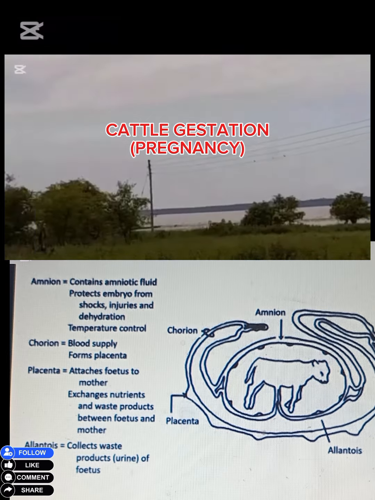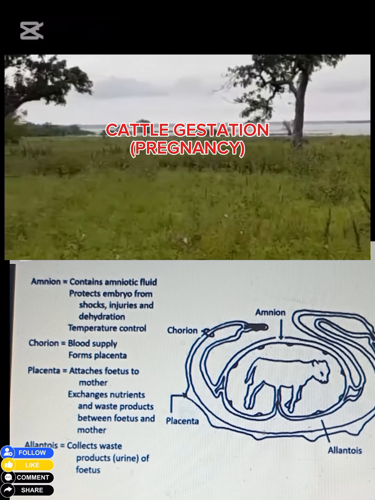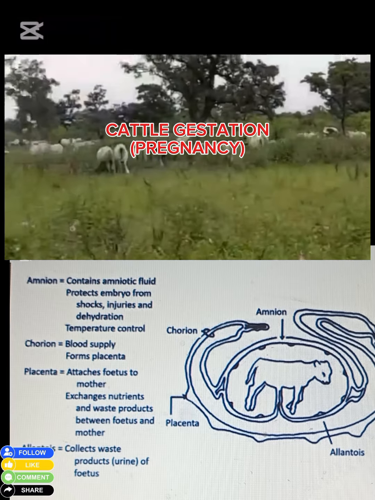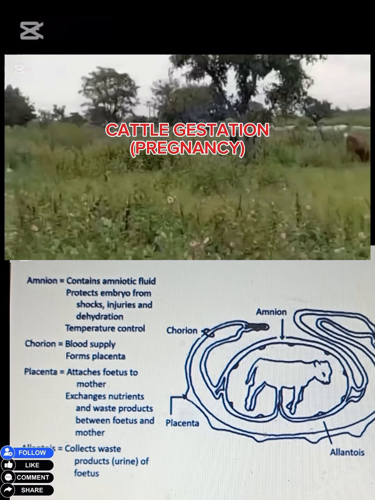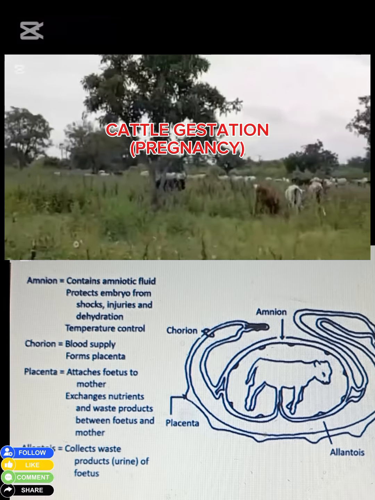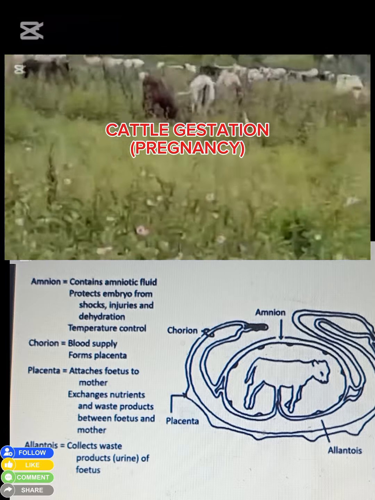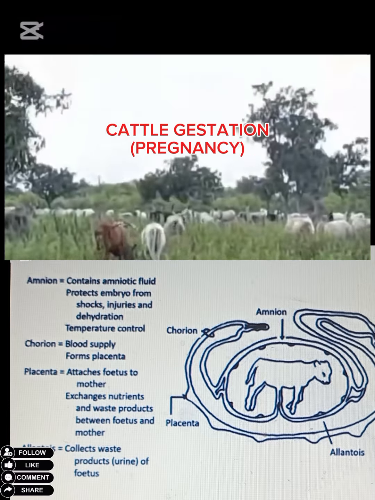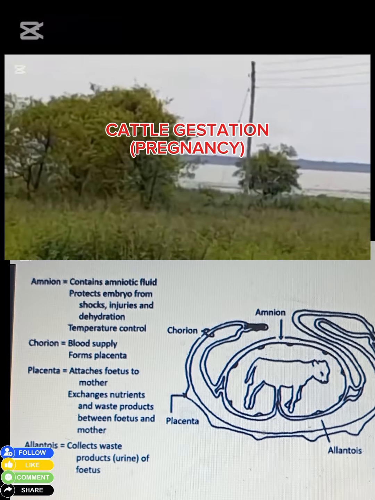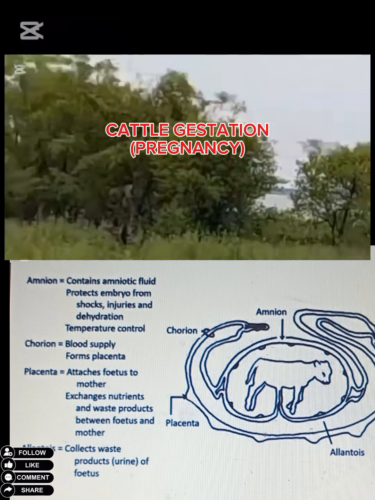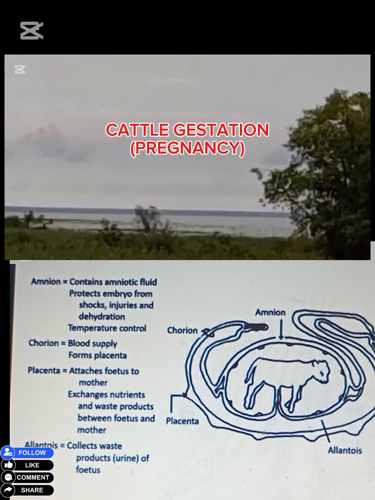The allantois. The allantois is a vascular fetal membrane lying between the chorion of the placenta. Its main function is to collect waste products such as urine from the fetus. The amnion.